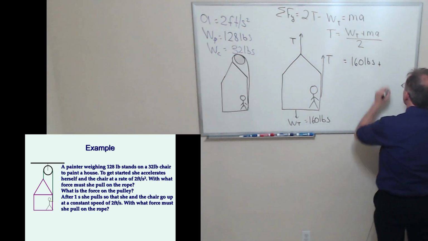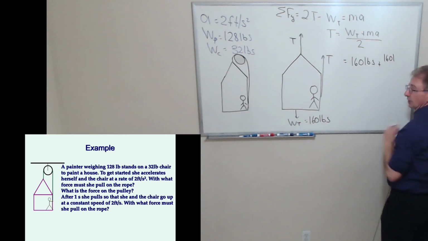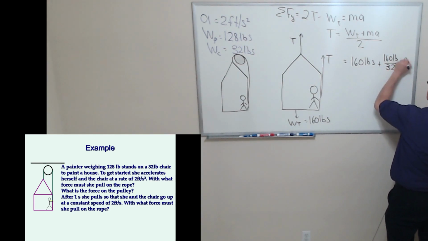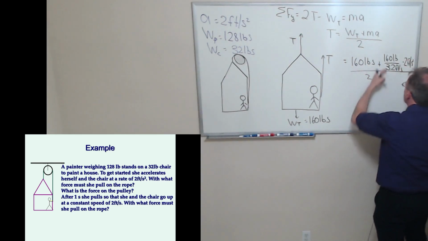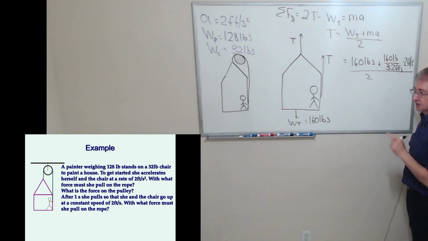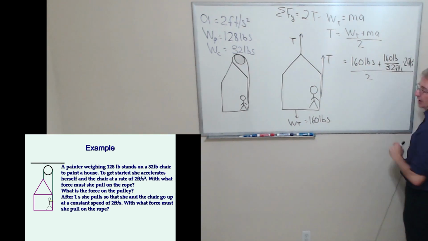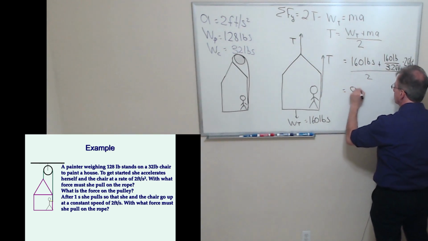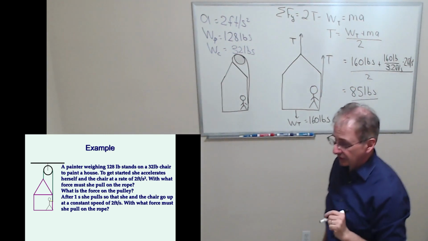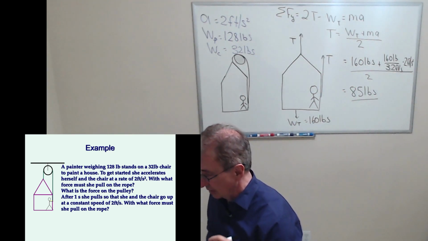So I'm going to take the 160, and I'm going to assume g is 32 feet per second squared, times 2 feet per second squared, divided by 2. 160 divided by 32 is 5. 5 times 2 is 10. 10 plus 160 is 170. 170 divided by 2 is 85 pounds. So this is the force she has to apply to pull herself upward, such that her acceleration is 2 feet per second squared.